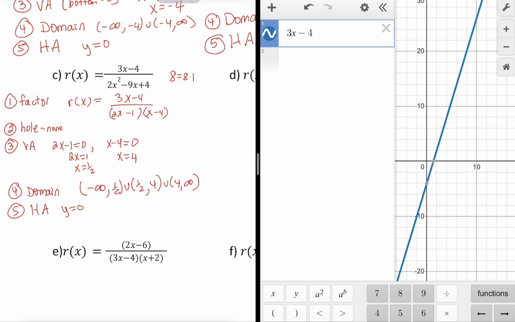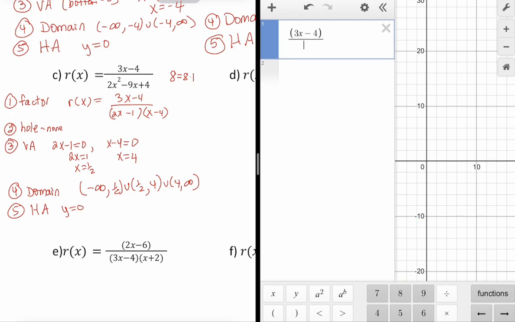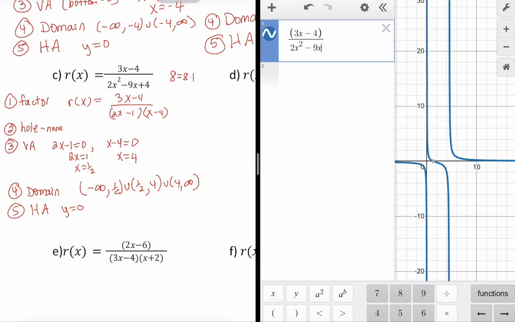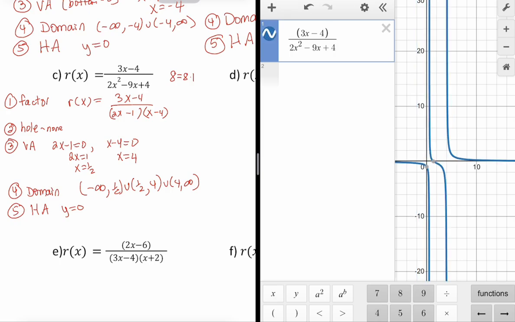Make sure your whole top is surrounded by parentheses. And then I'm going to put the original, just in case I might have factored wrong. It will help me find it.